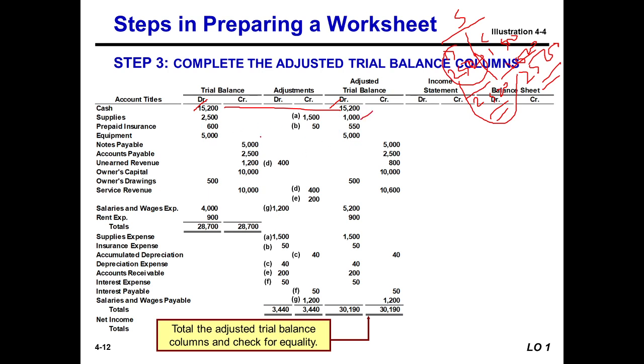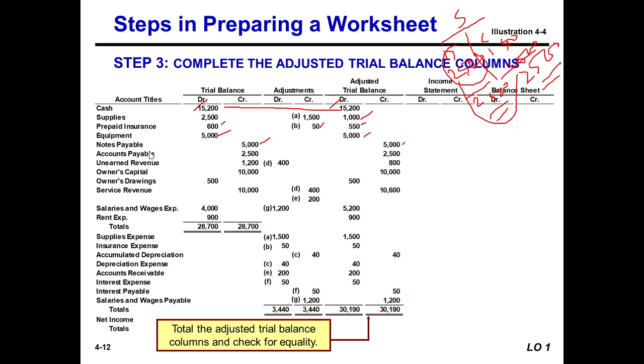I think everybody is clear here. And now prepaid insurance, this is the debit 6000, this is the credit 50. So accordingly it will be 550. Debit is greater than credit, so debit will be 550. And equipment 5000, no adjustment here, so this is the 5000. And notes payable, this is credit and no adjustments here, so it will be credit, the same figure.